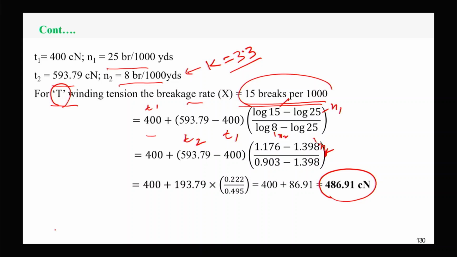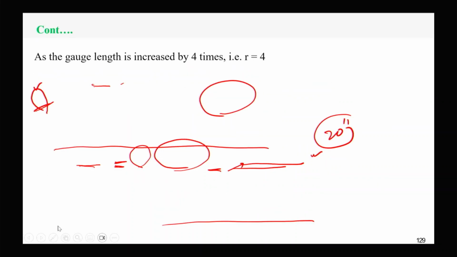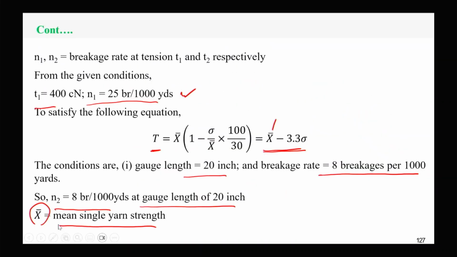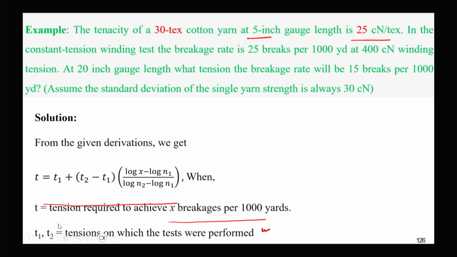So this type of numerical, we can identify that when the static strength is given, in this relationship here, no static strength is considered. Here only dynamic tension is considered, tension required to have certain breakage.